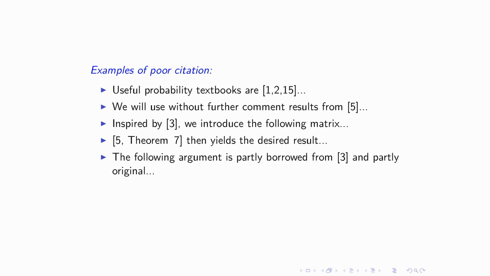Is that why it's here as an example of a poor citation? I didn't write this, so I'm not sure. But it could be. If the question is what the reader needs, and the reader wants a probability textbook, then choose one that is going to be good and suggest that one. As a general thing, be as precise as you can about pointing the reader to a specific place instead of just saying this book might be useful to you.